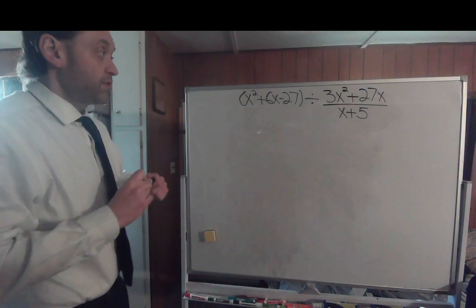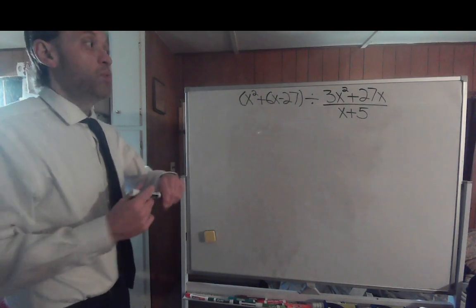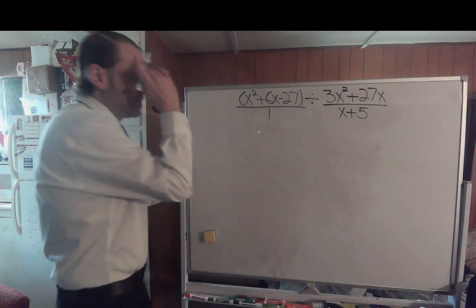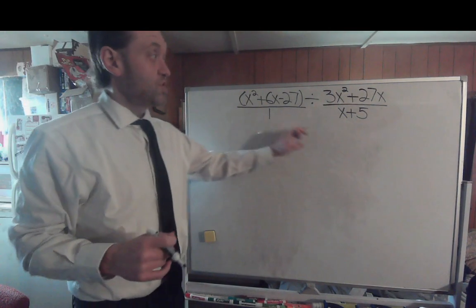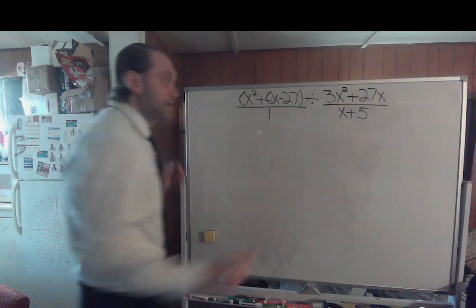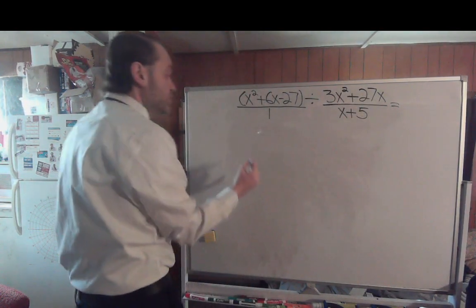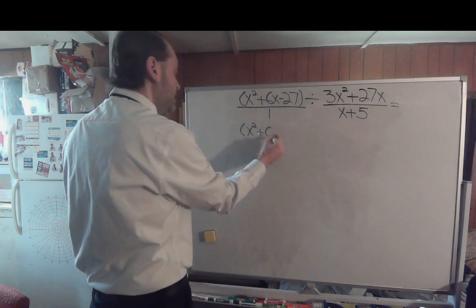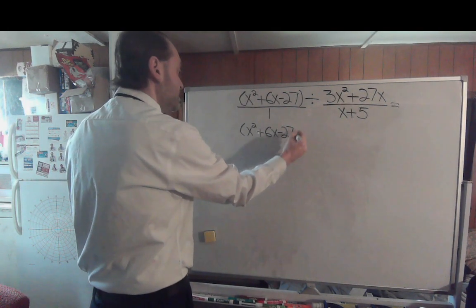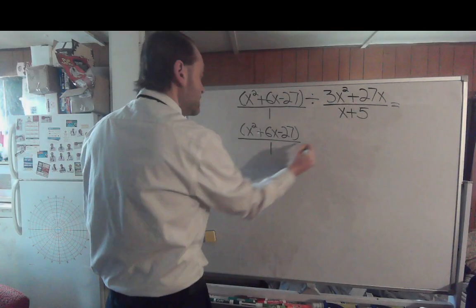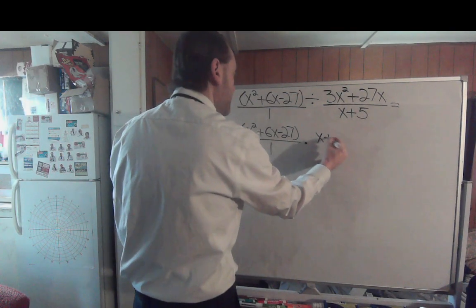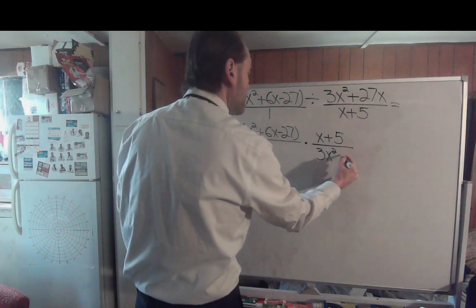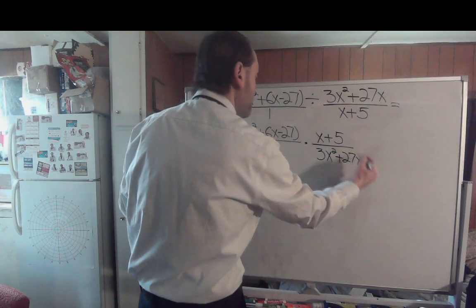Well, this time the first term has no denominator, so why don't we put our guiding 1 there for the denominator? Now that you have a fraction divided by a fraction, this will turn into inverting and multiplying the second fraction. So this will turn into x squared plus 6x minus 27 over 1 times x plus 5 over 3x squared plus 27x.